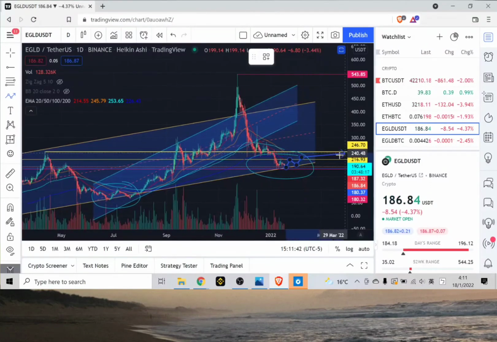exponential moving average, and then we'll start from here, maybe a little sideways trading, and start testing again, retest, and then bounce from here and retest the 300 level.